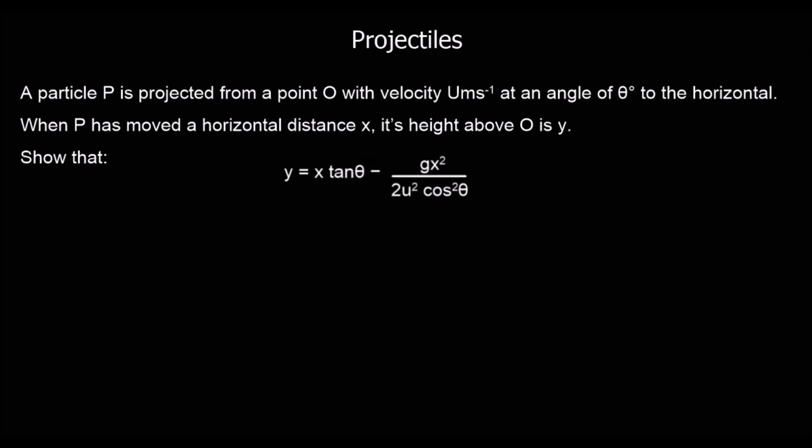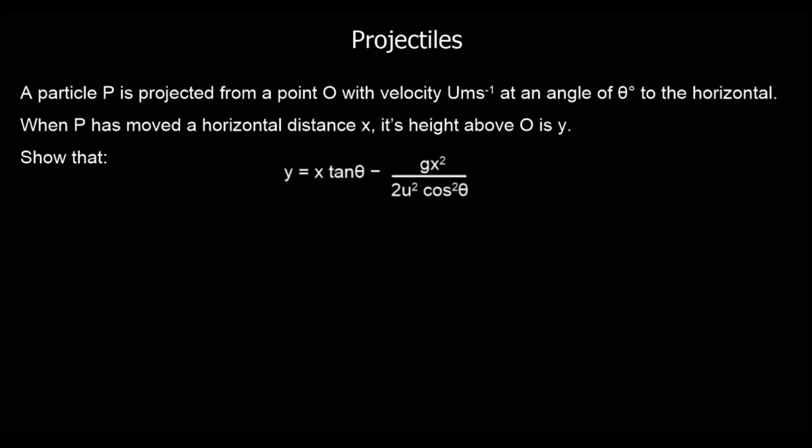Okay, a particle P is projected from a point O with velocity u meters per second, at an angle of theta to the horizontal. When P has moved the horizontal distance x, its height above O is y.